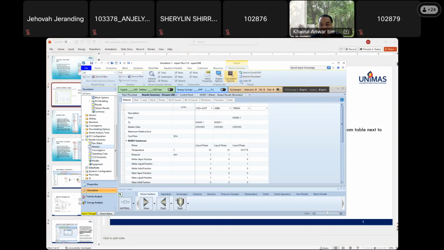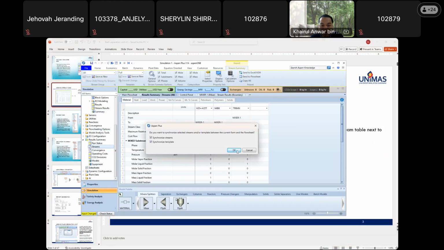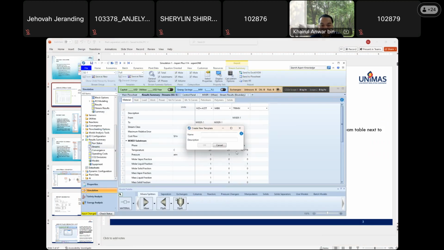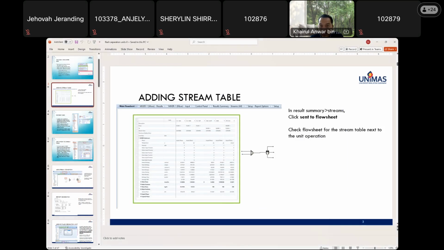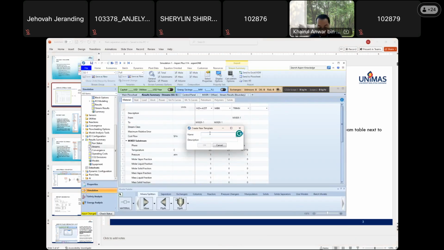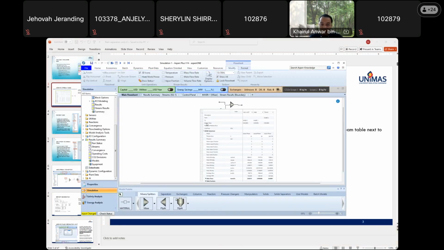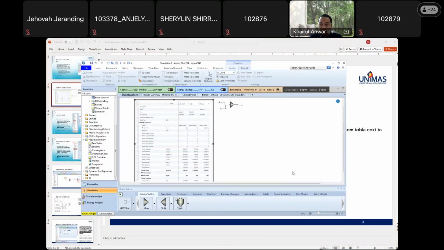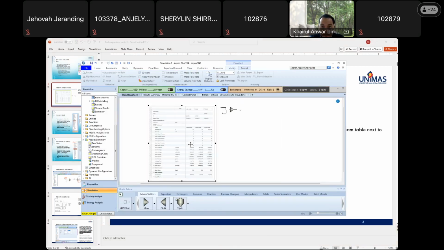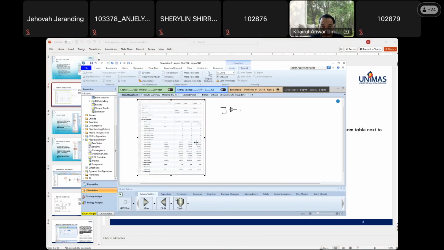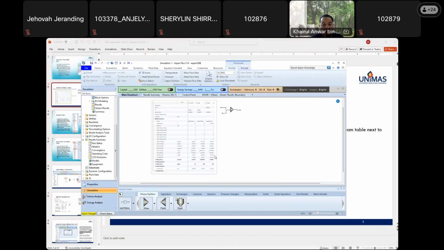Check your toolbar. So this flowsheet is real time. If you make changes, it will change here.